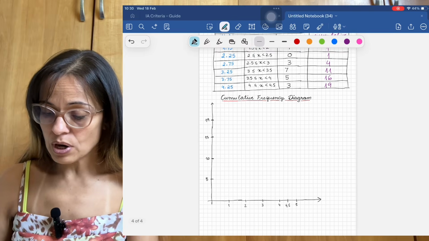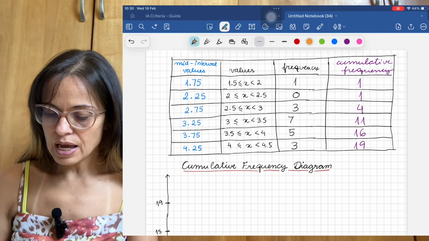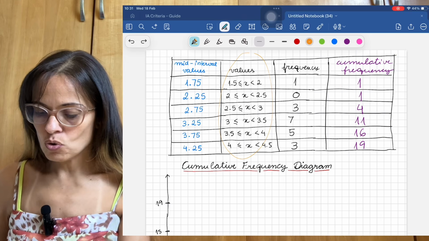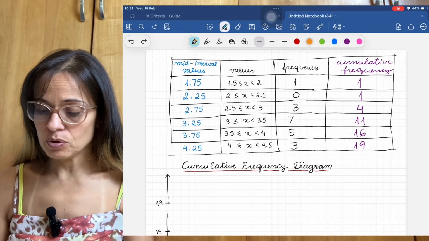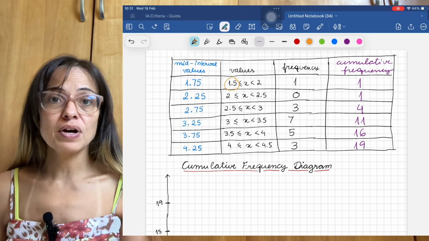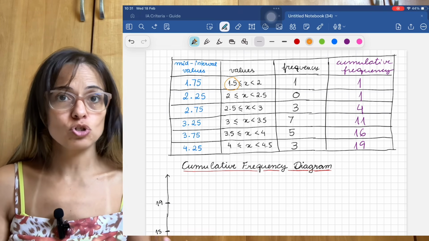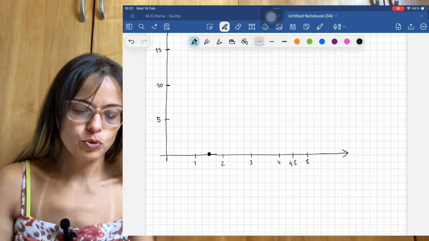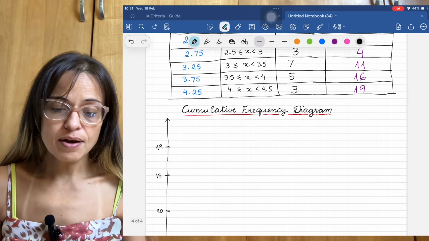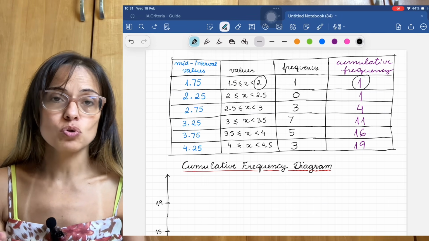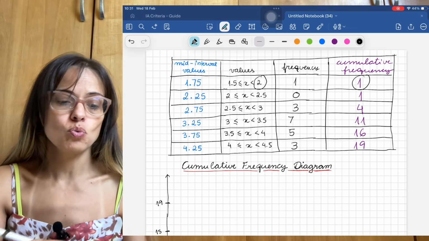Now to build this graph, we are going to look at the values and the cumulative frequency. So the first point that I'm going to put in the graph is 1.5 and 0, because before 1.5, there was nobody. So here's that point, 1.5 and 0. After that, at the end of this interval, I already had 1, so the next point is 2, 1.